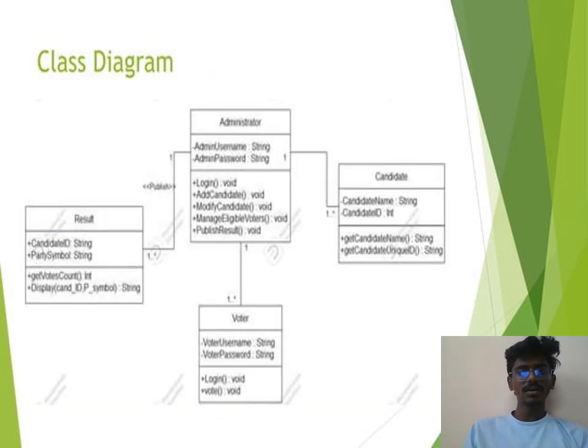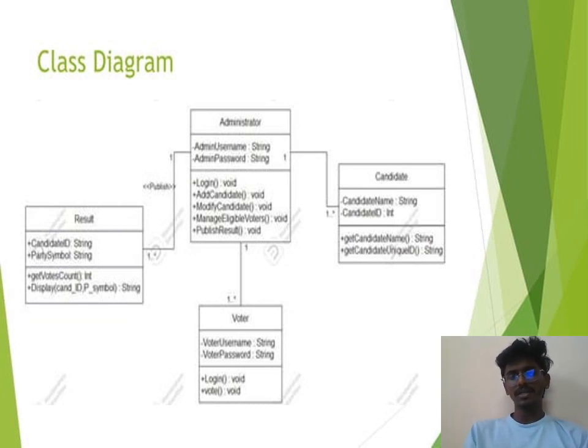Moving to the next slide, the class diagram. The class diagram for the e-voting system is given in block format, as we can see in the PPT. The administrator has an admin username and admin password, and these two are of string type. The candidates participating in the campaign are provided with their ID and name.